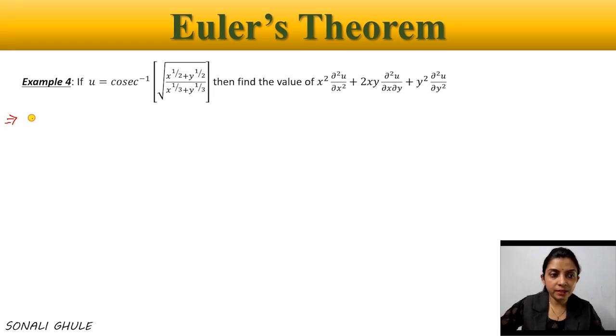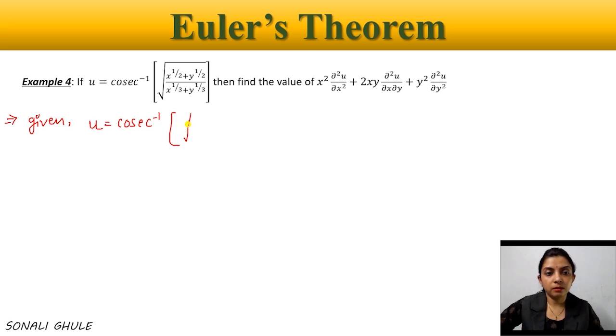First of all, definitely we have to write the given part. So what is the given part here? u is equal to cosec inverse of root of (x raised to 1 by 2 plus y raised to 1 by 2) upon (x raised to 1 by 3 plus y raised to 1 by 3).